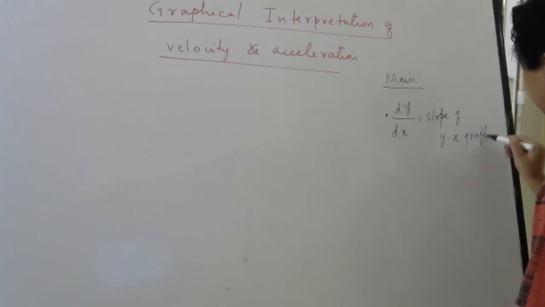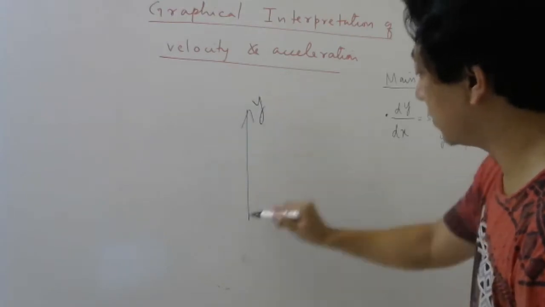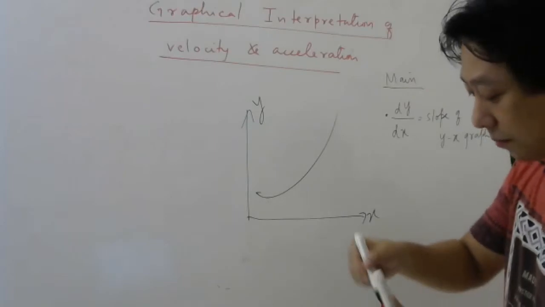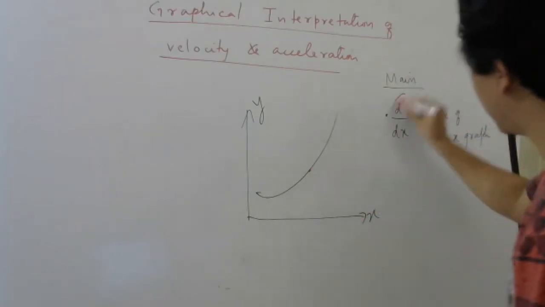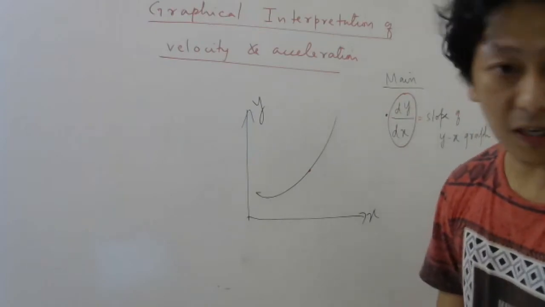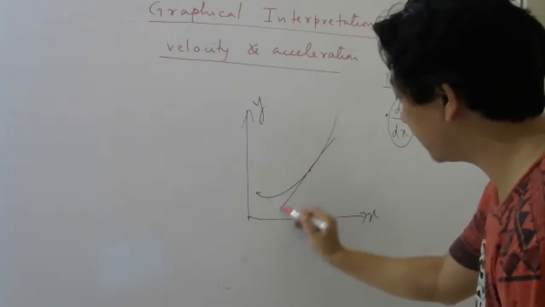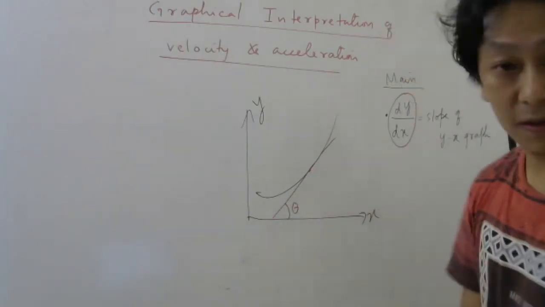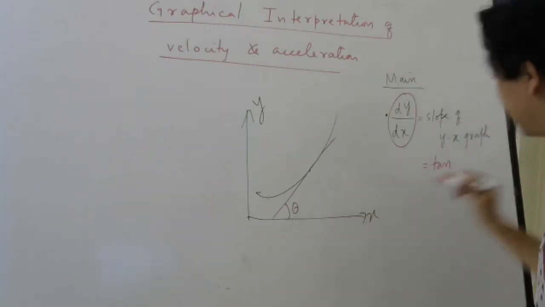If this is your y, this is your x, and your graph is like this, at some point, if you want to know dy by dx, instantaneous rate of change, then what you should do? Draw a tangent, measure this angle. Then this is nothing but tan of this angle.